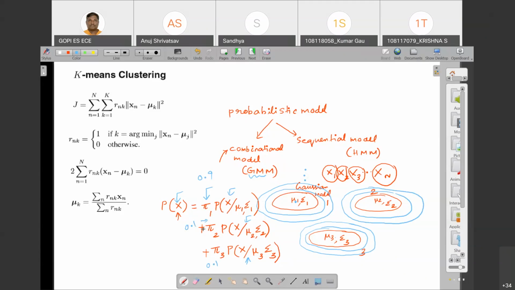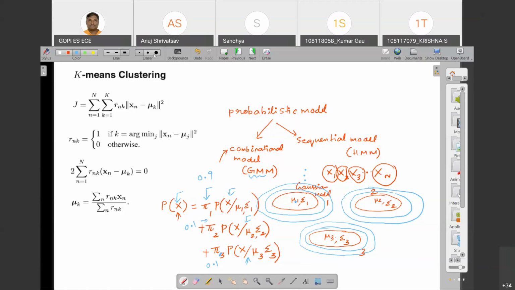We can say that Gaussian model 1 is more responsible for generating that vector, and the other two are also involved, but their responsibility is less. So this is what we call the Gaussian mixture model.